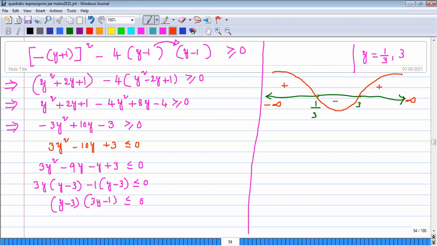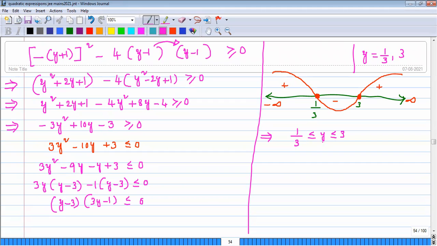And also here, equal to 0 means y may be equal to 1 by 3 and y may be equal to 3. So that's why we can write the solution like this: 1 by 3 less than or equal to y less than or equal to 3.